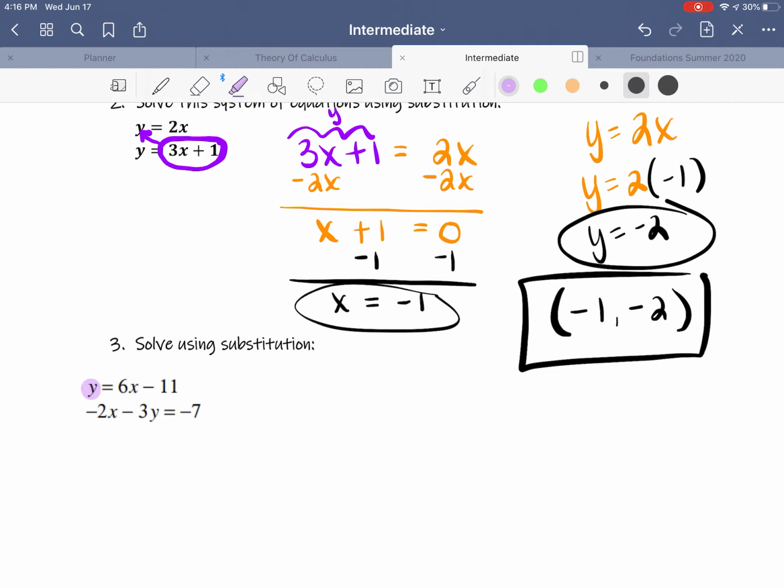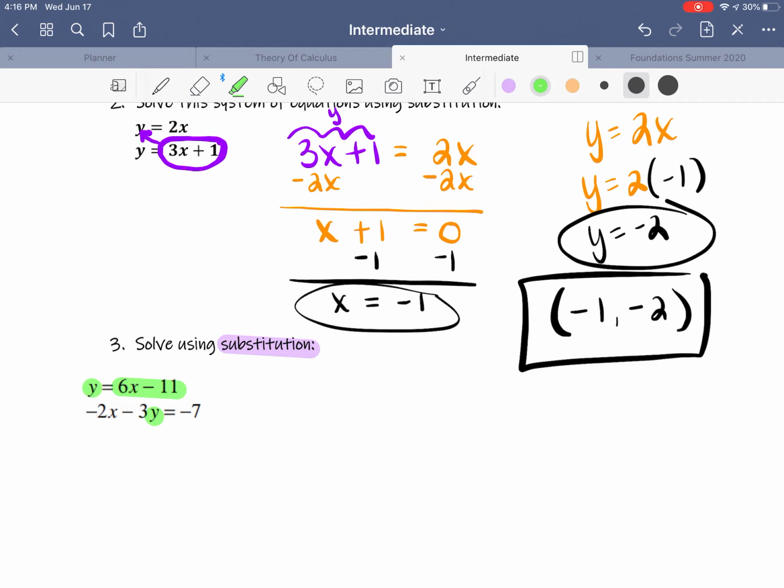We do have y equals 6x minus 11. And then we have negative 2x minus 3y equals negative 7. So we're using substitution because we do have an isolated variable. Which means that I can take this and plug it in for y, because y equals that stuff.